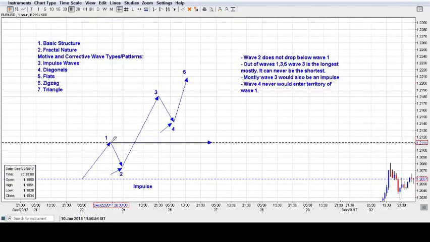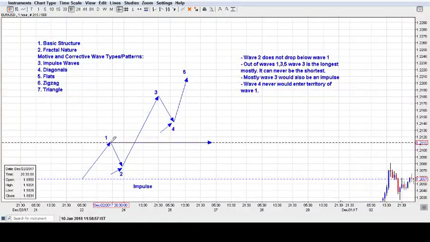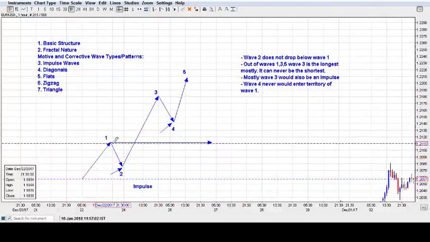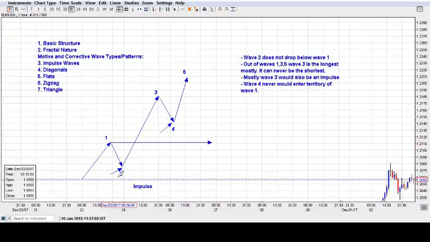You're not wrong at all. In fact, you're technically right by placing a stop loss just below the head of wave 1. Why? Because if it's an impulse, it should not drop below the head of wave 1. It should not enter this territory.